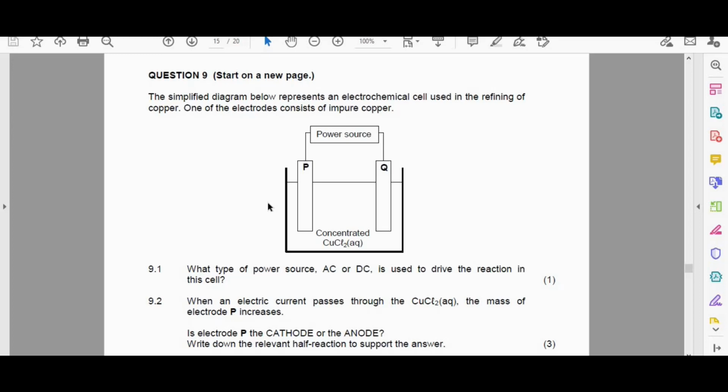But your power source is DC, direct current. So to answer the first question, what type of power source, AC or DC, is used for the reaction? It is DC, direct current.